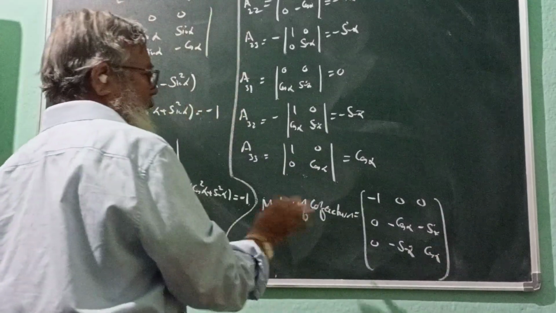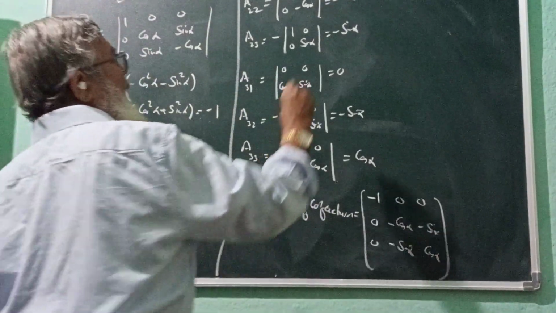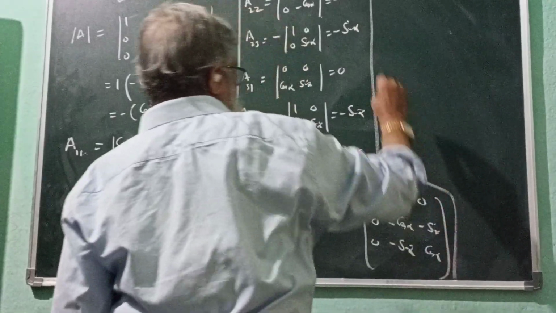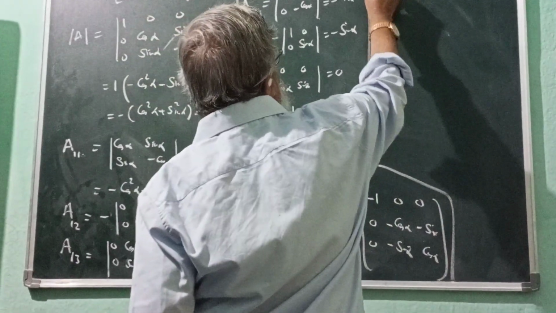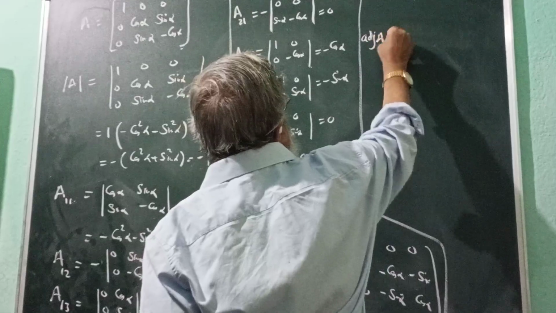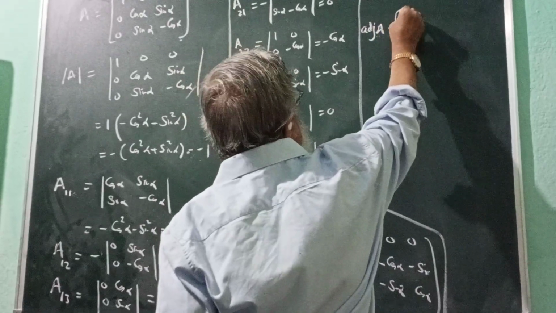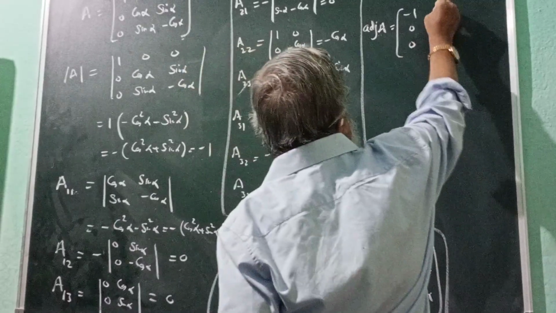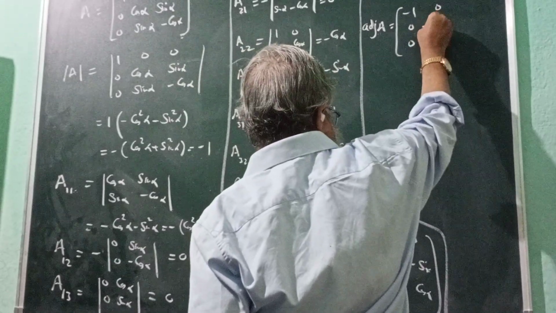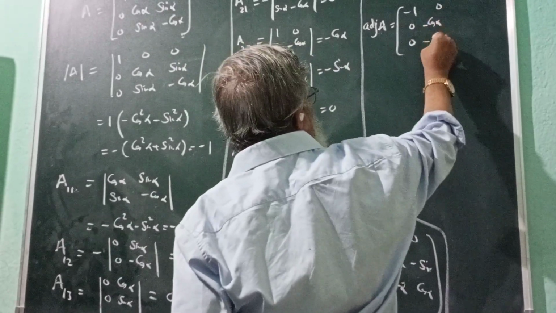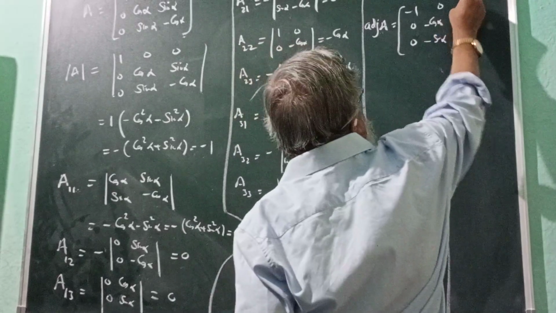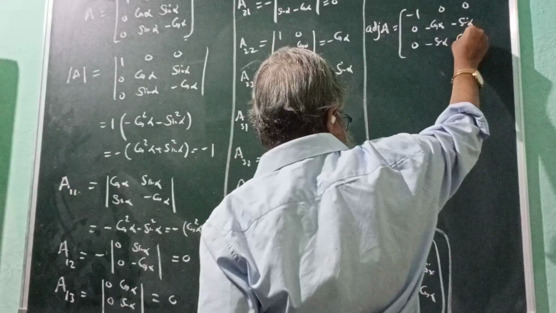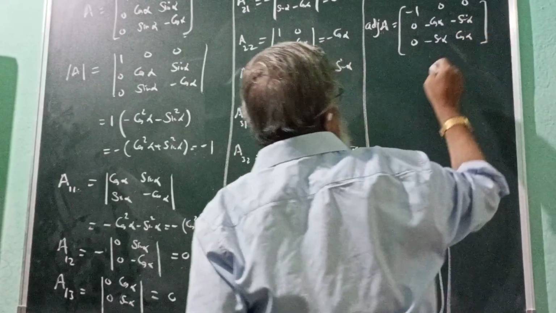If you take the transpose of this, we will get the adjoint. The first row will become the first column, the second row will become the second column, the third row will become the third column. This is the adjoint of it.